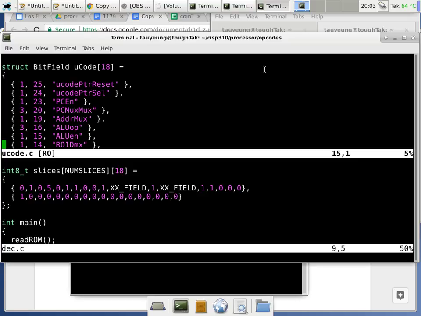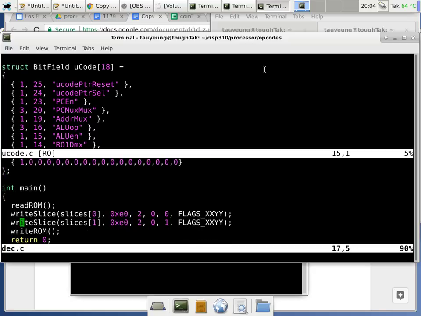Now, because this is open sourced, it also means that you can actually make changes to this too. What kind of changes are we talking about? If you go to, let me highlight here, you can see there are two functions called write slice that actually overwrite certain locations in the ROM. Well, the ROM is actually represented as an array in the program, but that's how I utilize the values of slices.